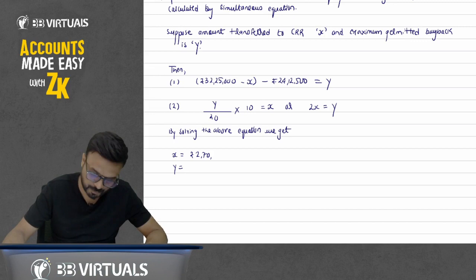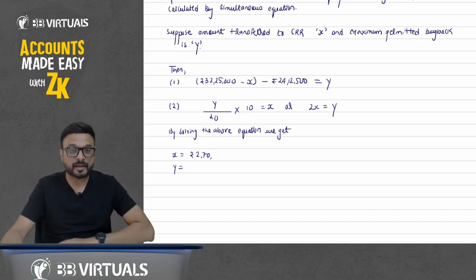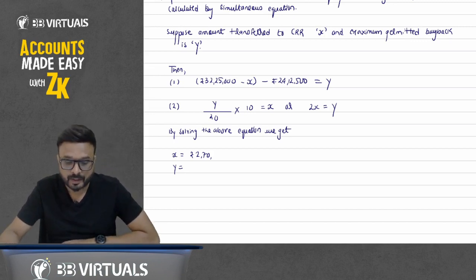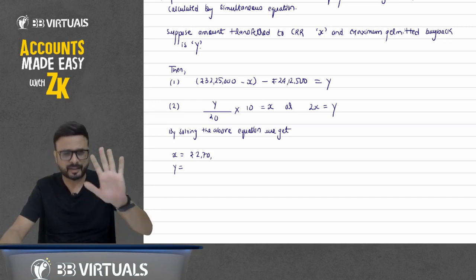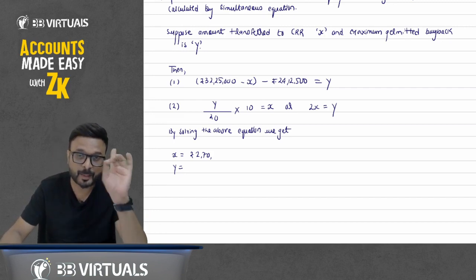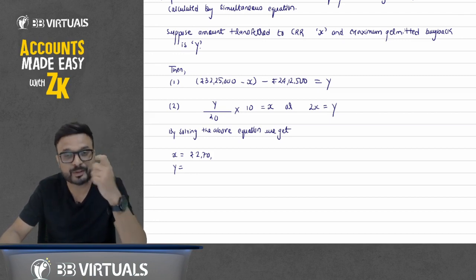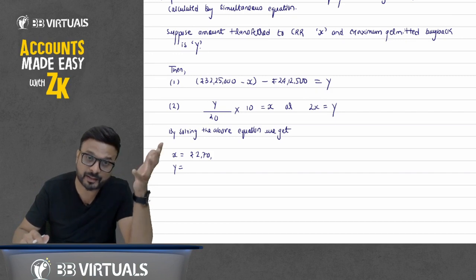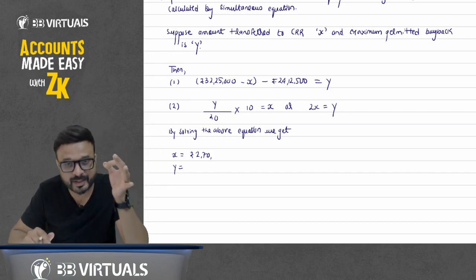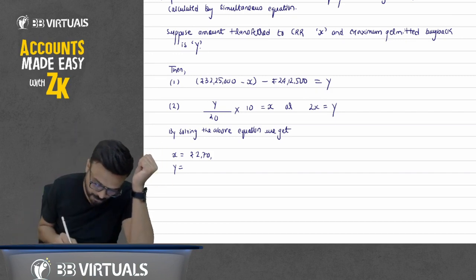833.33 is coming, so 2,70,833.33. But do you think we can take 2,70,833? How much is the face value? Face value is rupees 10. So we cannot say 2,70,833, because the face value is 10.